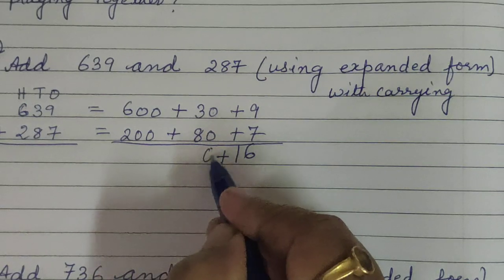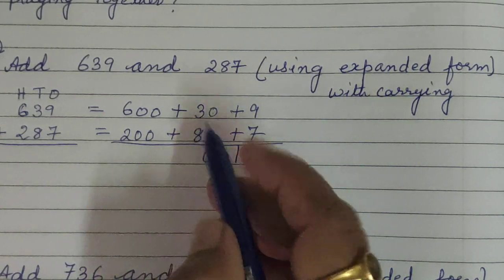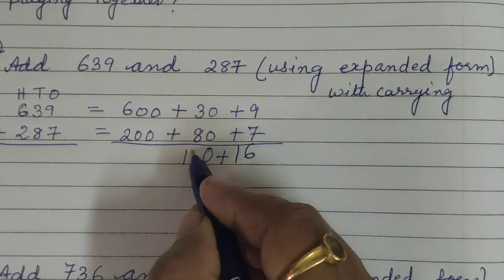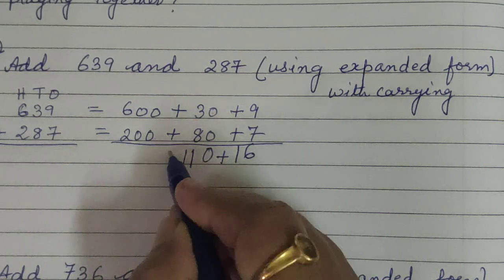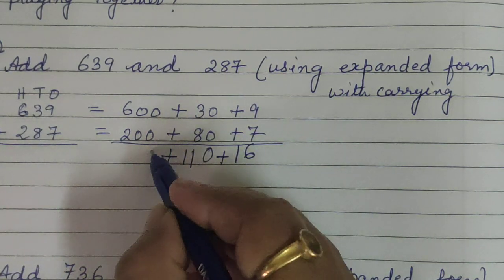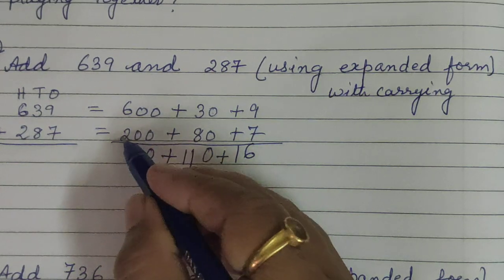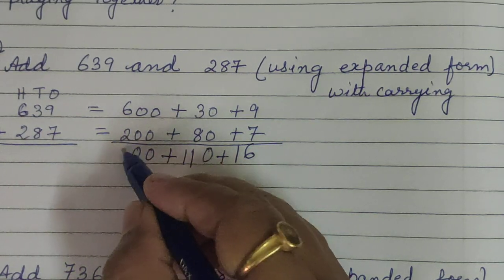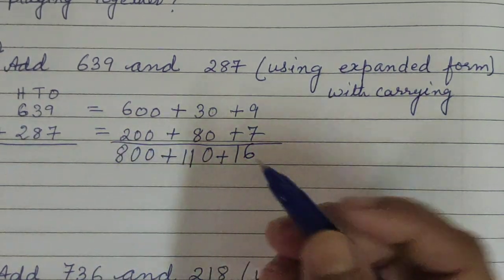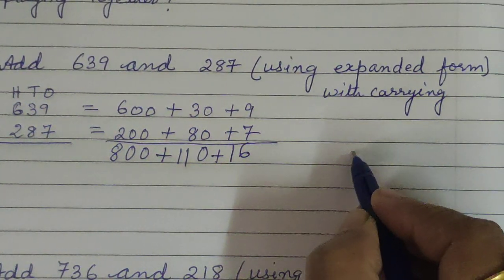0 plus 0, 0. 8 plus 3, how much? 8 plus 3, tell me? 11. So 110. Then plus 0, and 6 plus 2, 8. So 800. So now you have to do the addition. Here separately you can do.